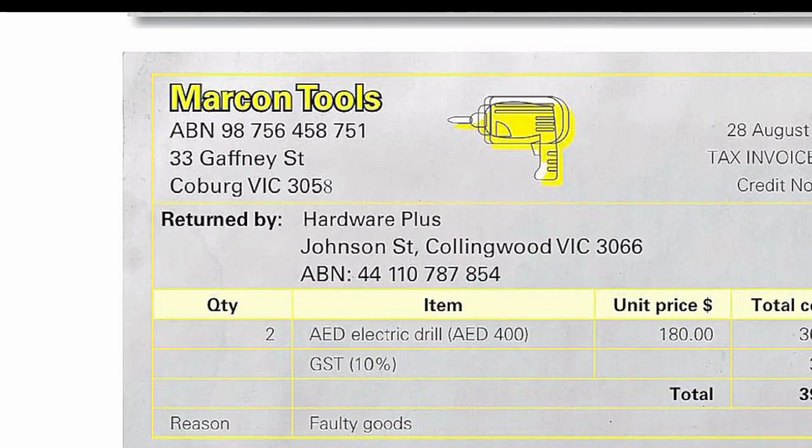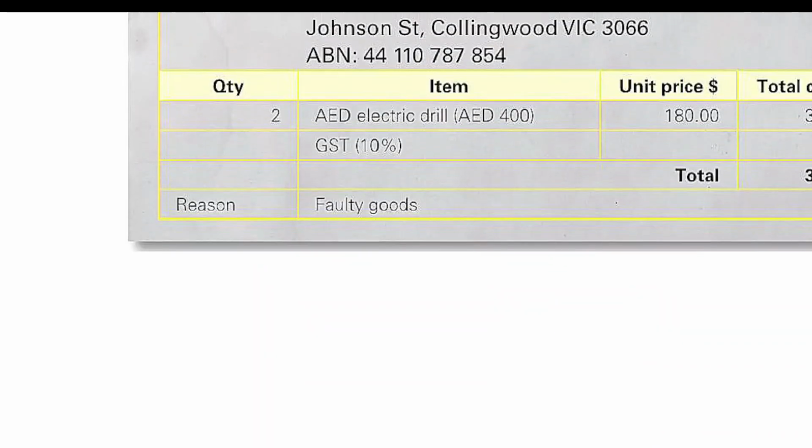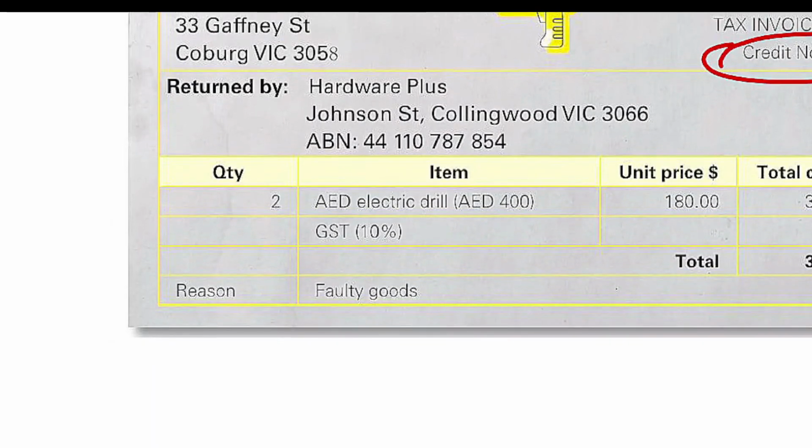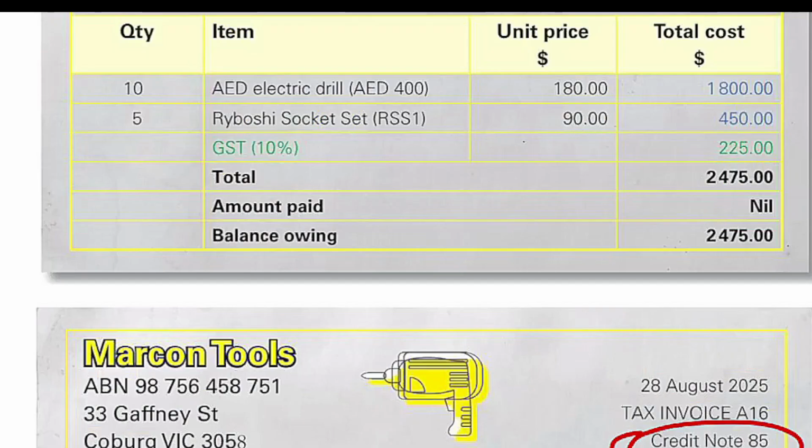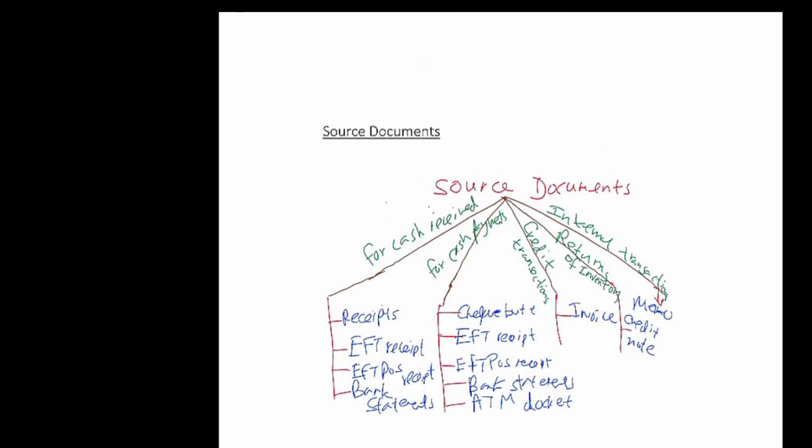What is this one? Credit note. That's easy because you always have a credit note. This one, don't worry about it. Oh, okay. I think I have a compass.